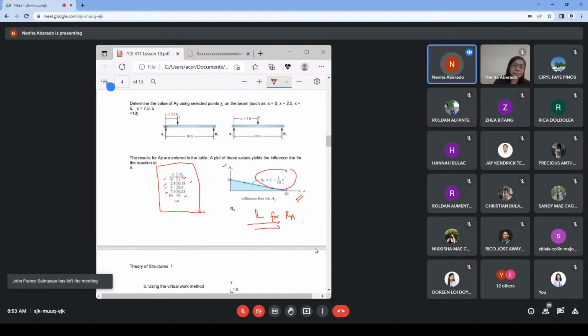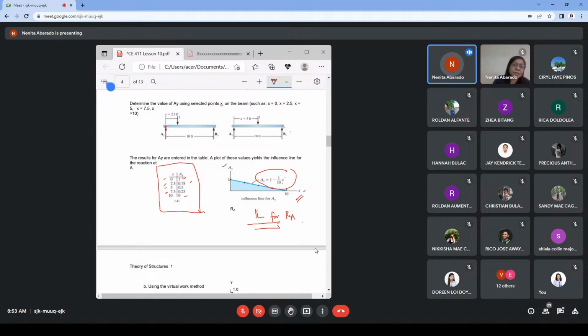If you want to get the influence line diagram for the reaction at B, you make the equation for B. Let's say summation of moment at point A is equal to 0, so you already have your BY.